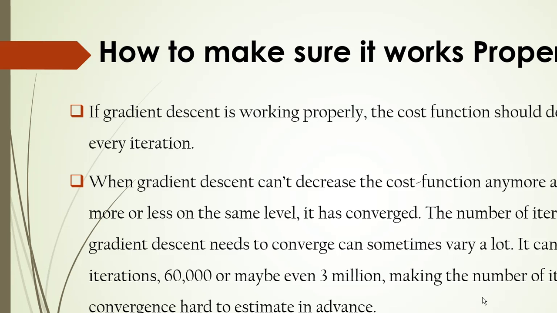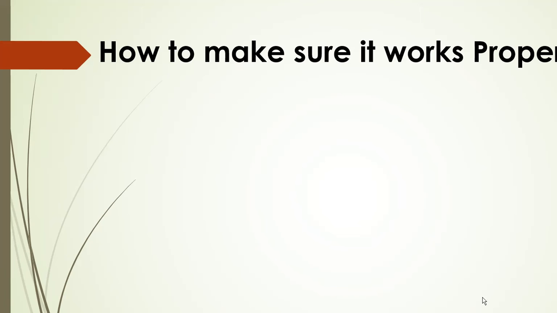When gradient descent can't decrease the cost function anymore and remains more or less on the same level, it has converged. The number of iterations gradient descent needs to converge can sometimes vary a lot. It can take 50 iterations, 60,000, or maybe even 3 million, making the number of iterations to convergence hard to estimate.